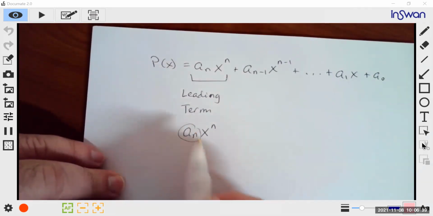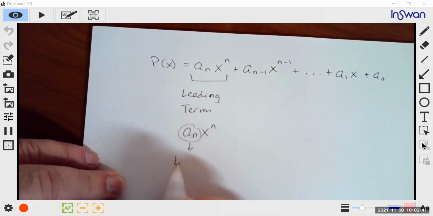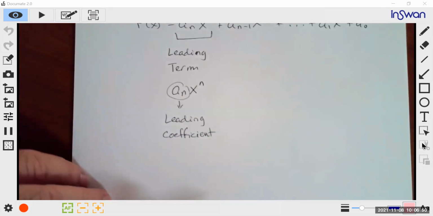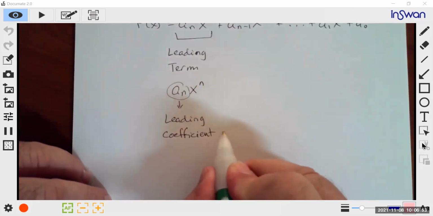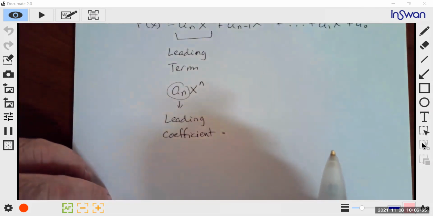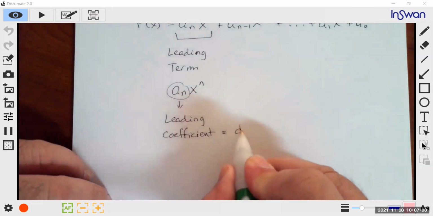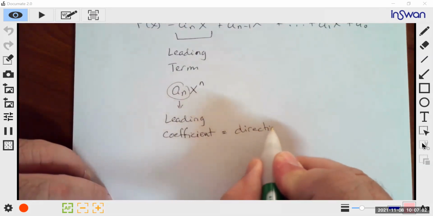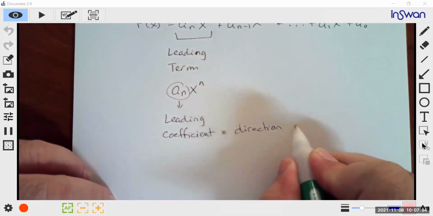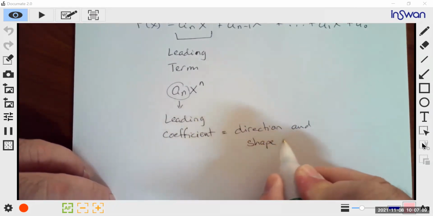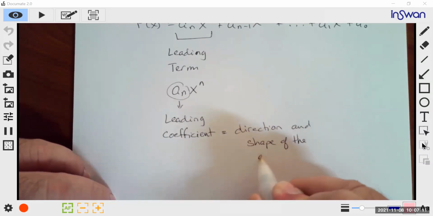The a_n is called the leading coefficient. It tells us the direction and shape of the graph.